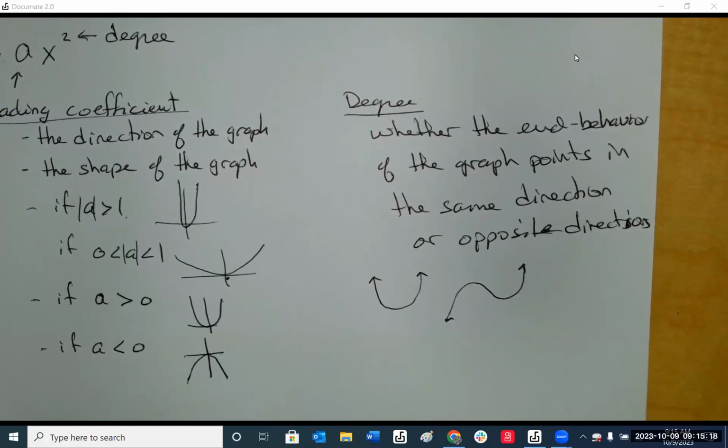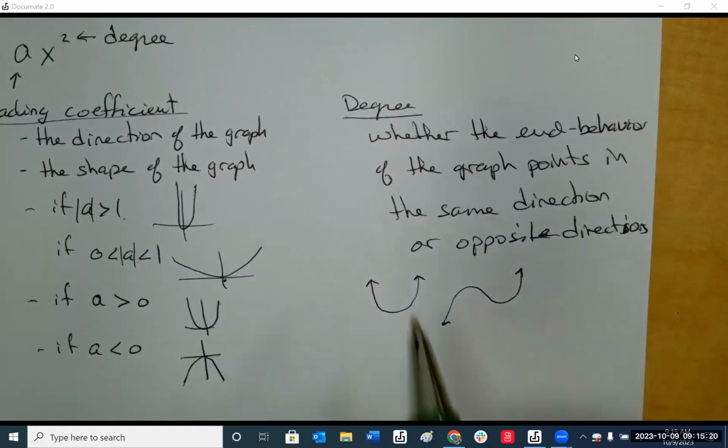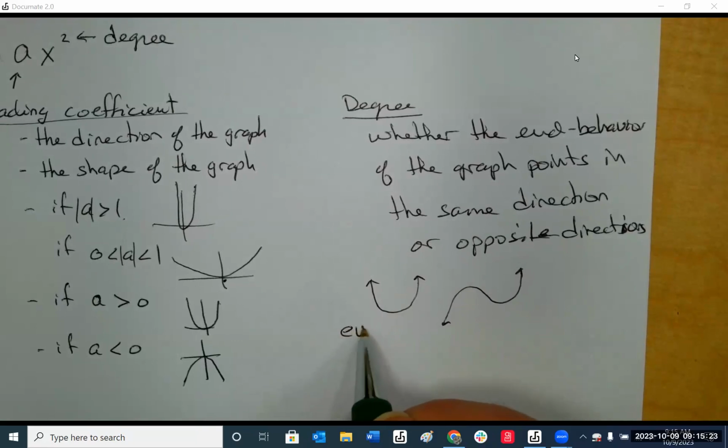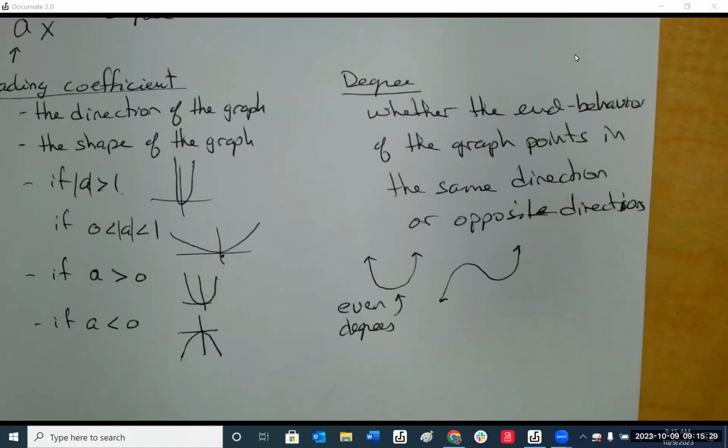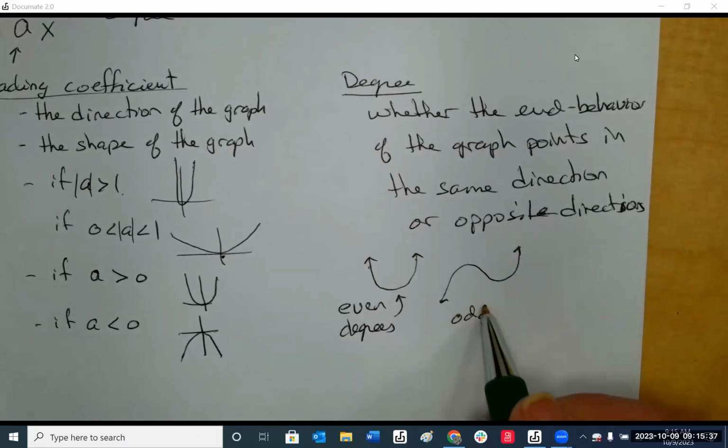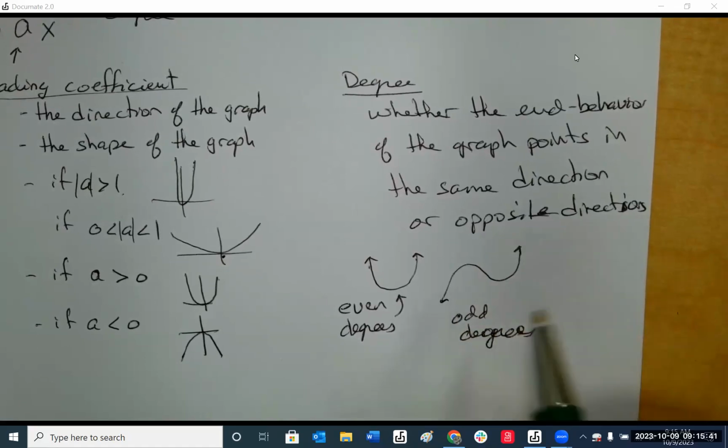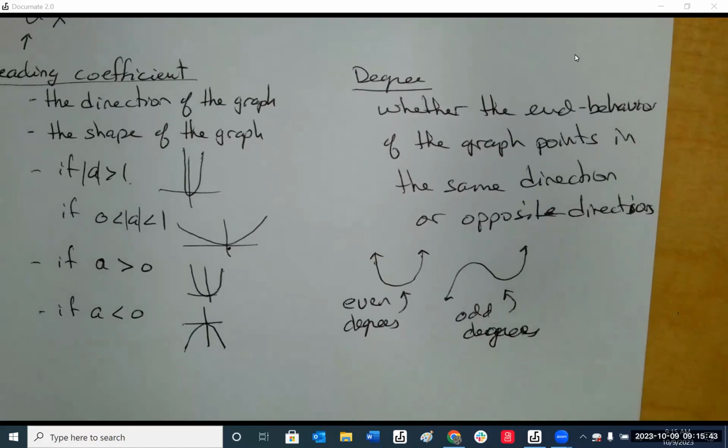I'm going to give you a spoiler alert here. All even degrees look like this. They point the same direction at both ends. Both ends of the graph either point up or point down. Odd degrees point in opposite directions.